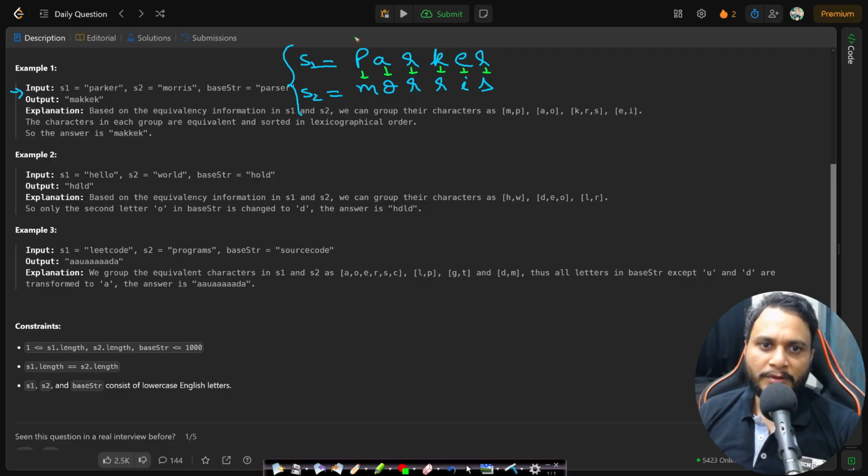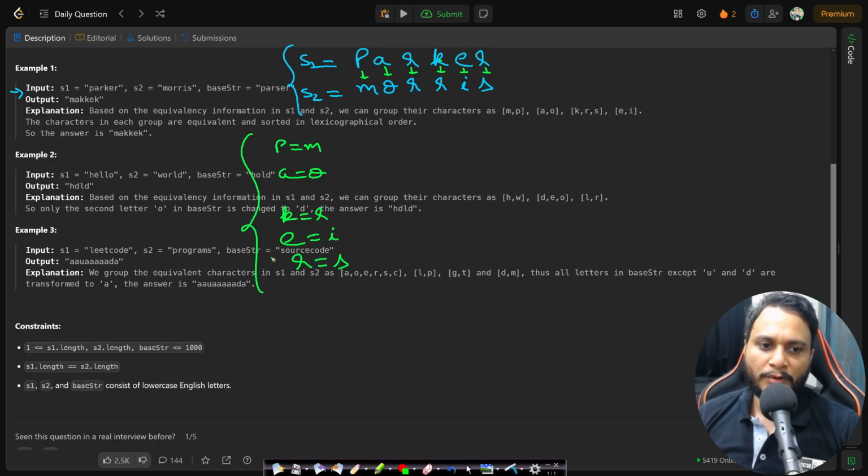If you try to put them in separate sets of items that are equal, then p equals m, and a equals o. Then r equals r is the same thing. k equals r, so you write k equals r. Then you write e equals i, and r equals s.